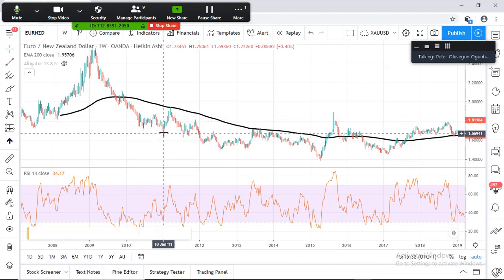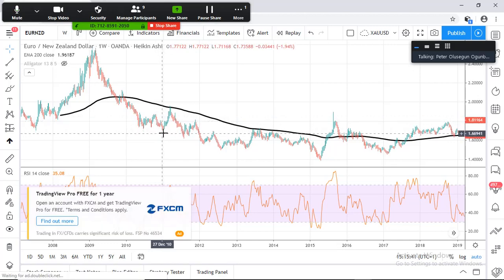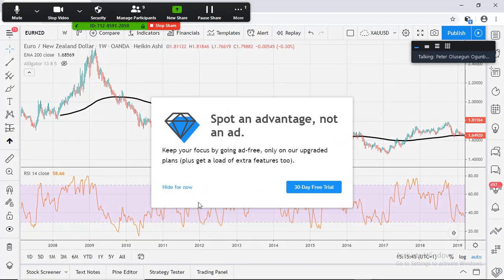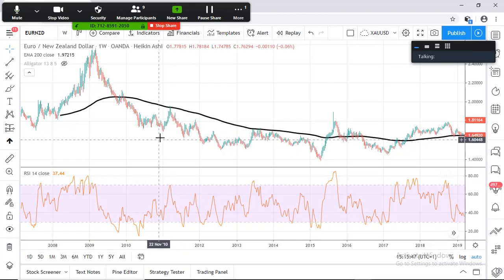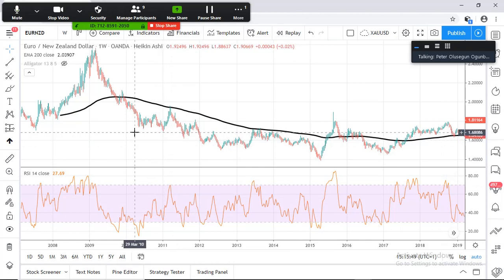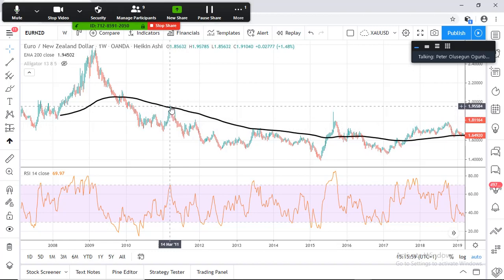Then it went down, a pullback. Now, see this actually went lower. It was at a lower level at this point, a lower level compared to these 1, 2, 3 points. So a lower level here compared to this point.